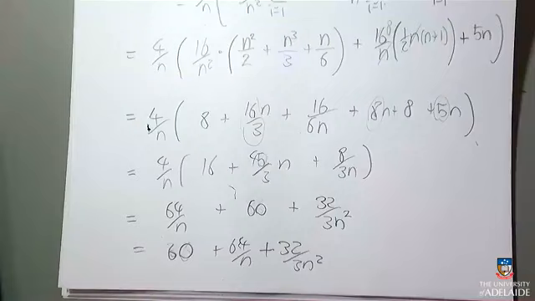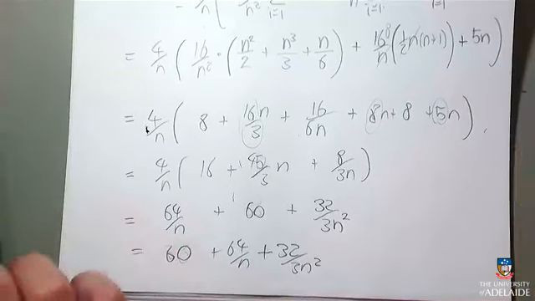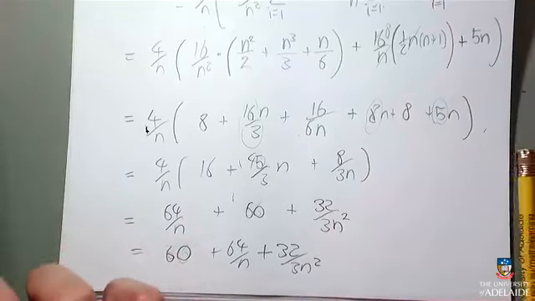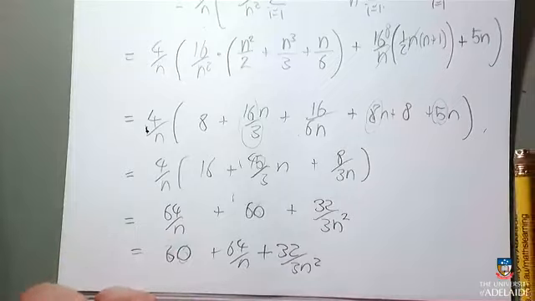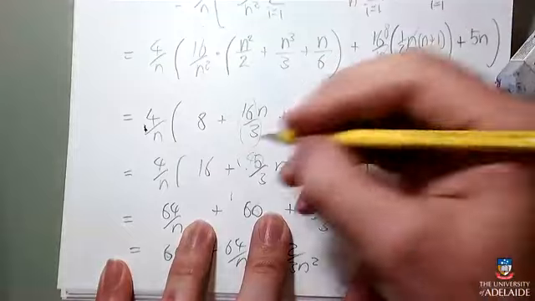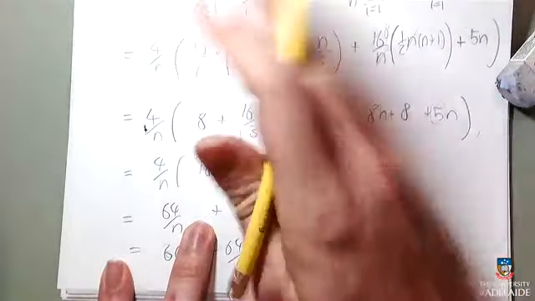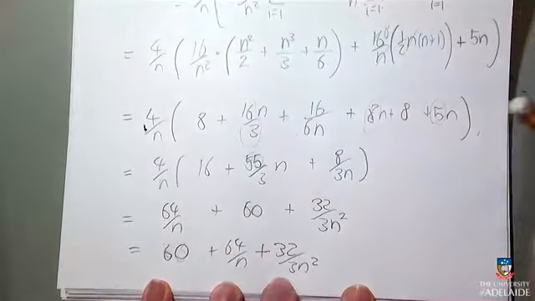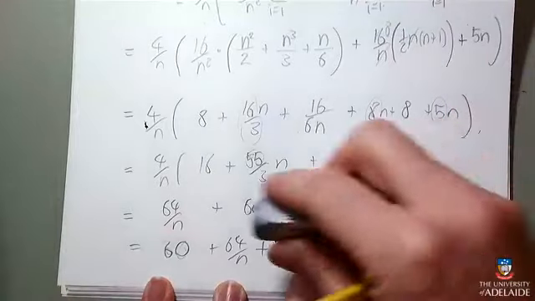Oh, I've done that entirely wrong. It's 55. And so we're just stuffed, it's going to be awful. Yeah. So it's just bad.